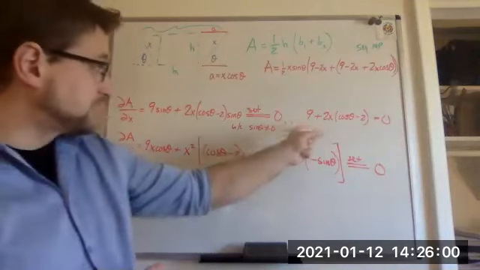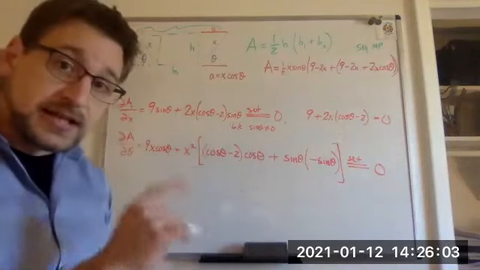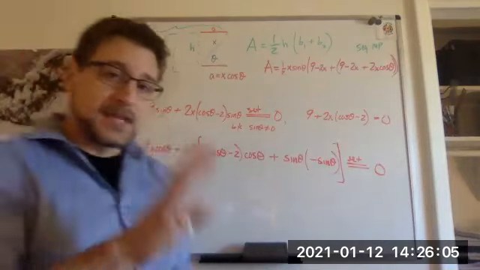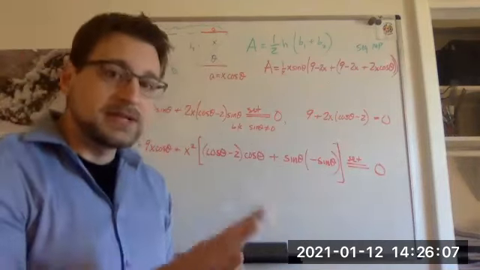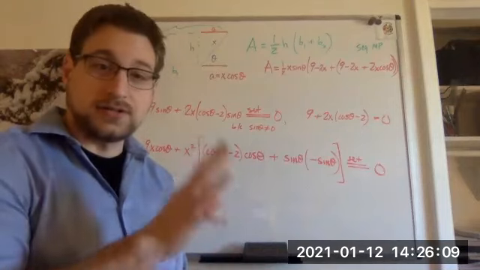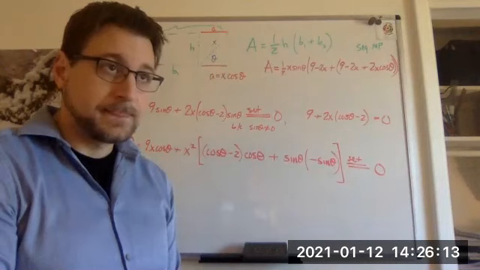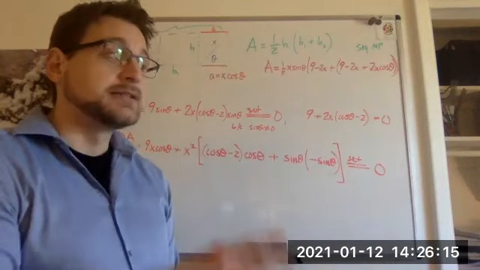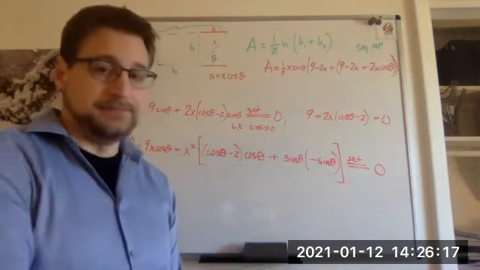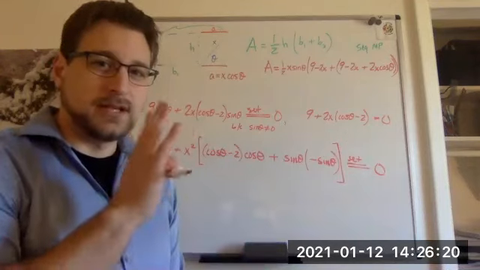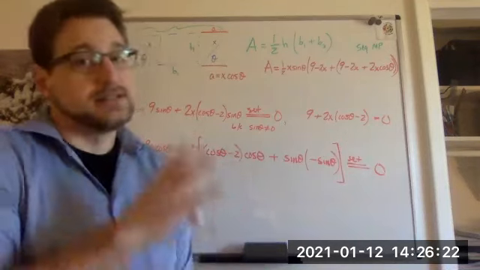We can either solve for x or for cosine theta, and I know from experience that trigonometric equations are often tricky to solve for theta, for the argument of the trig functions. So if I can eliminate it and express it in terms of x, I'm happier.